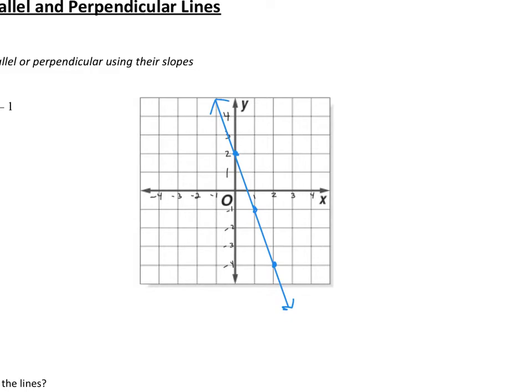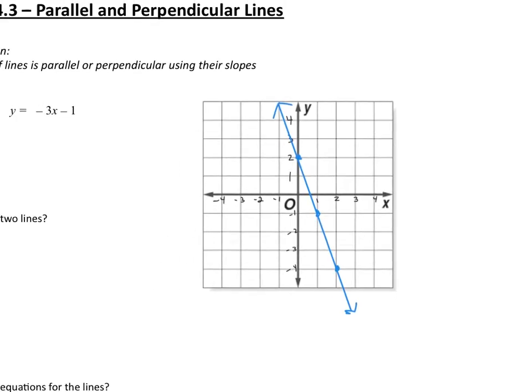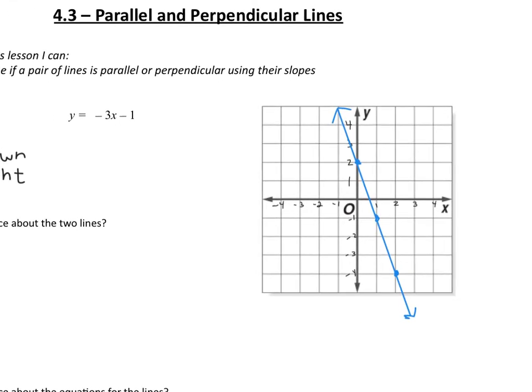We're going to do the exact same thing with the second equation. The second equation was in the correct format, so we can go ahead and look for the y-intercept. The y-intercept is going to be negative 1. So I'm going to go to my grid, and on the negative 1, I'm going to put a red dot. Then we can go back to the equation to identify our slope.